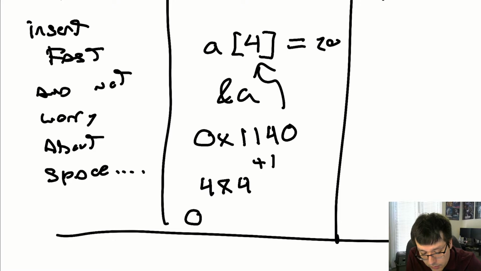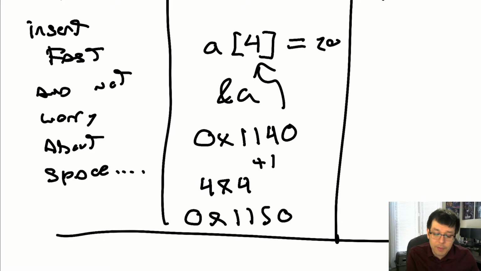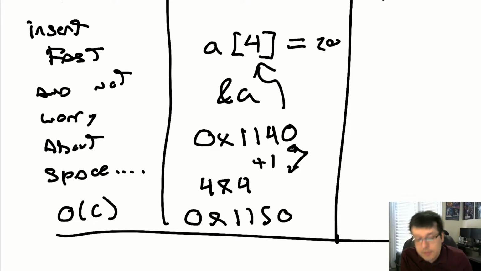My hex is a little rusty, but I believe the address would end up being 1150. That simple math operation is instant, and its time complexity is constant. Same with this: it's constant, okay? In big O, omega, everything is constant in this case. Here with the array, it's constant. But with the linked list, it's not.